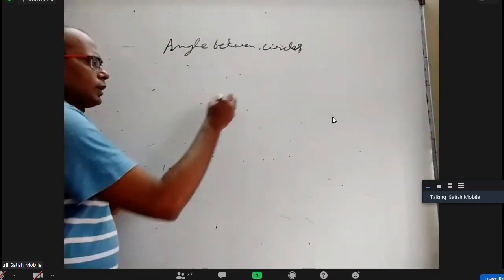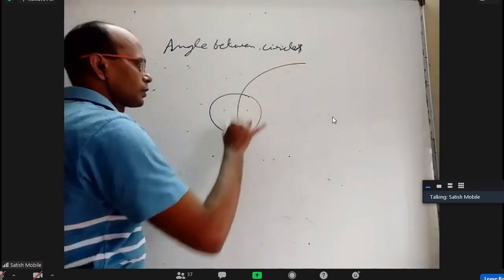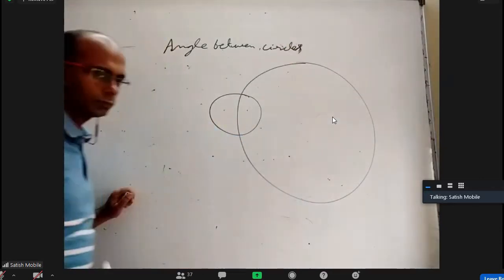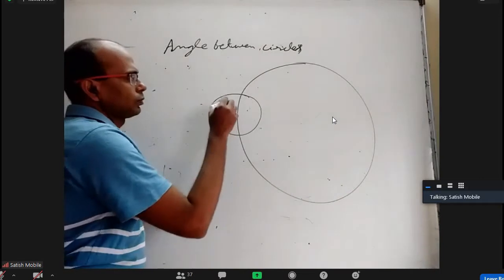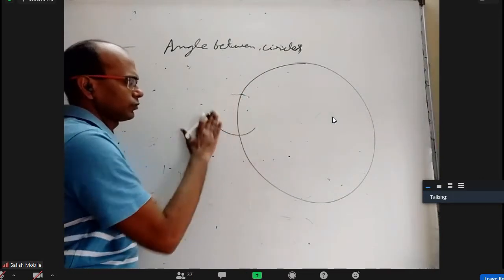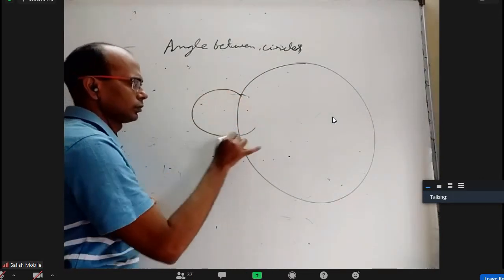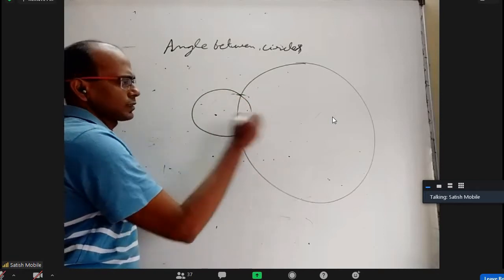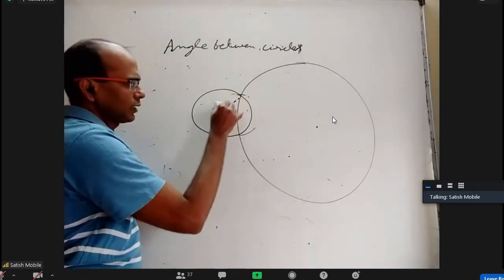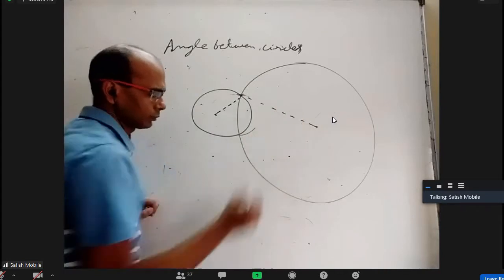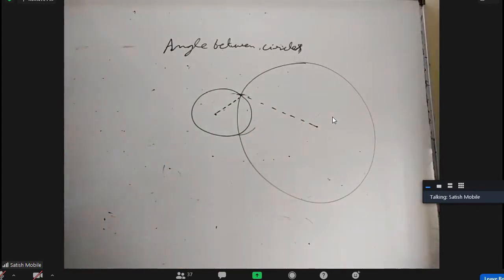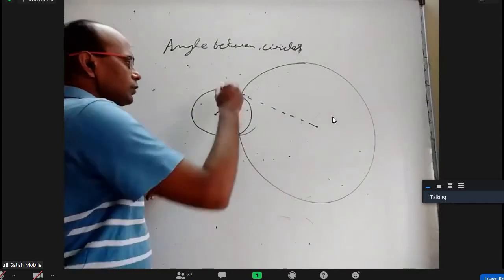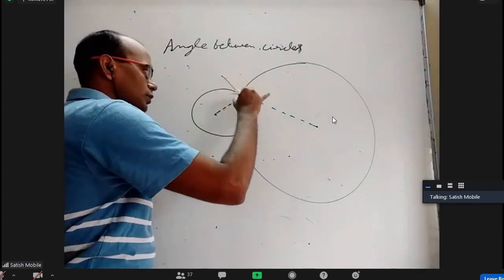Okay, let us say I have this one circle, this is another circle, and now this has center here, this has center, this is a radius here, this is a radius here. But tangents are different. I have to draw one perpendicular line to this.